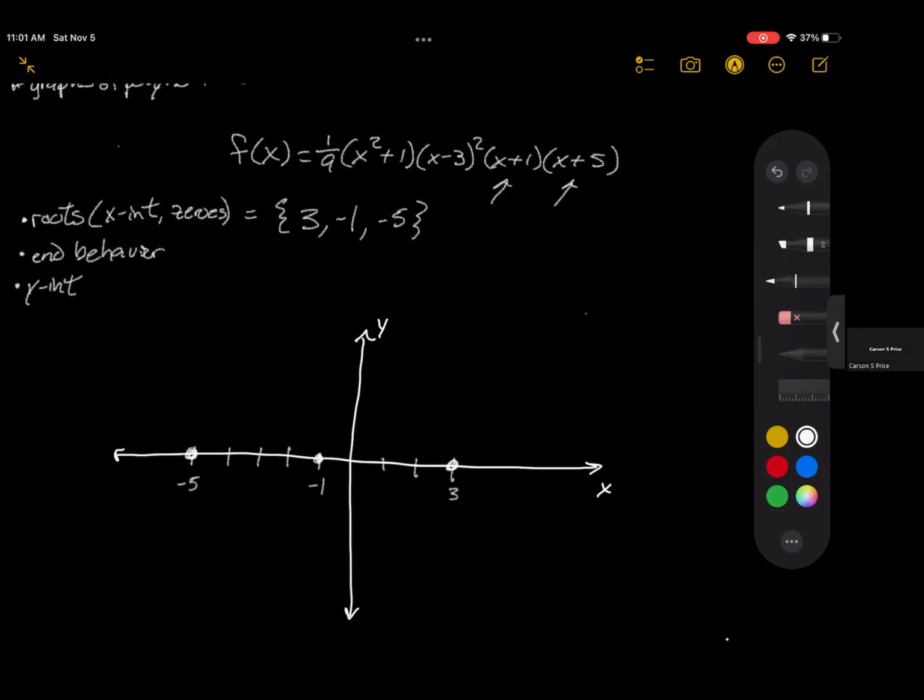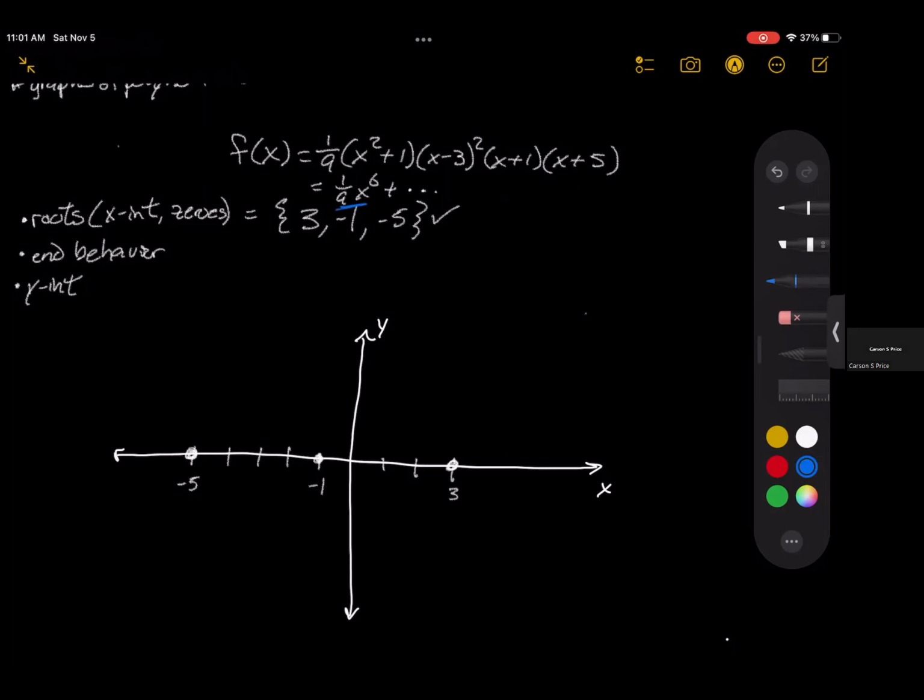All right. So now that we've dealt with the roots, let's think about end behavior. So if I were to multiply all of these factors out, I would end up with 1/9 x to the 6th plus some smaller stuff, right? Something x to the 5th plus something x to the 4th. But the most powerful term there will be the 1/9 x to the 6th.